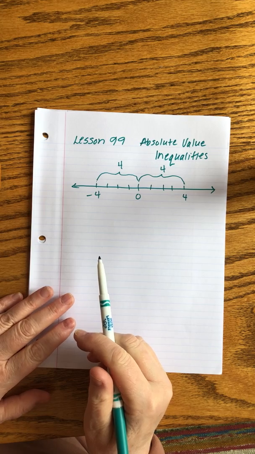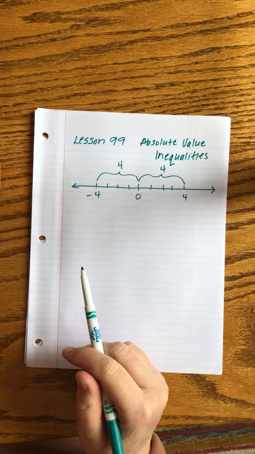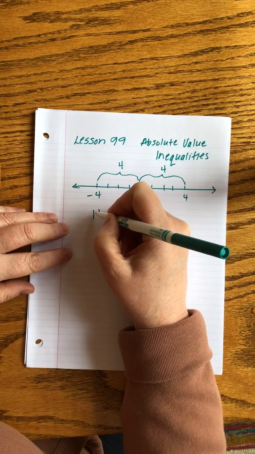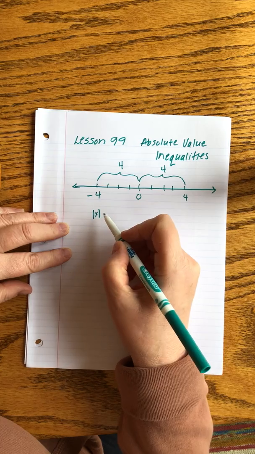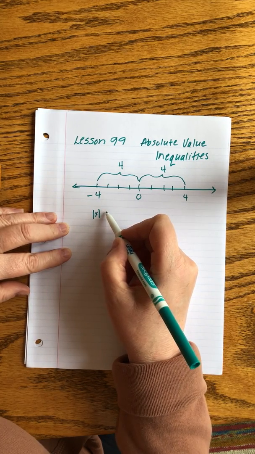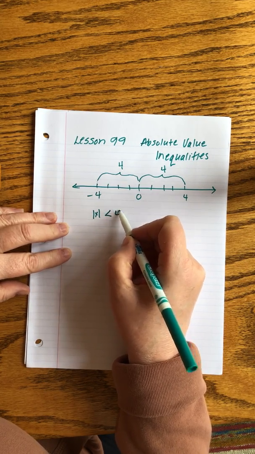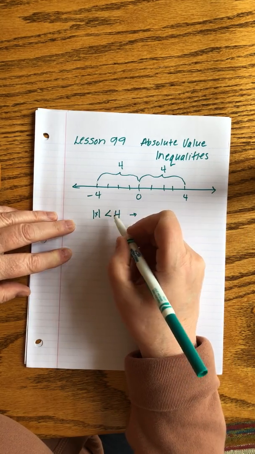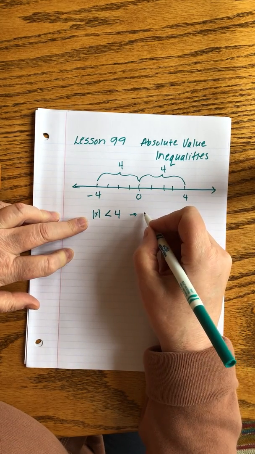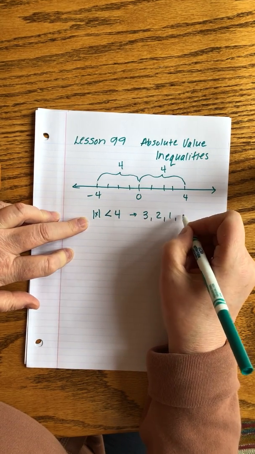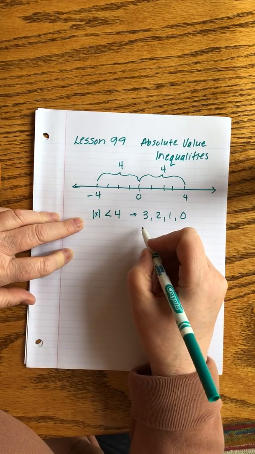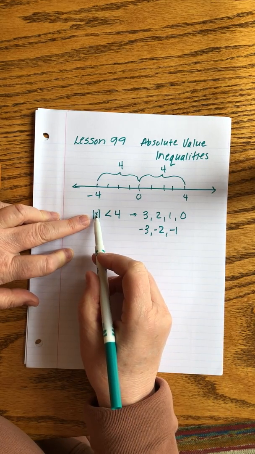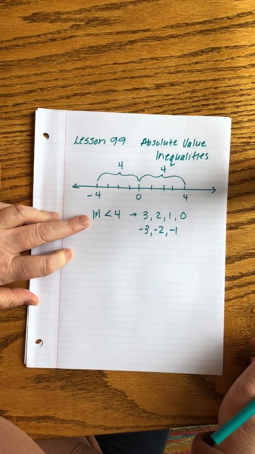So if we're trying to find, for example, the absolute value of x is less than 4, then what we want is all the positive numbers that are less than 4, so that would be 3, 2, 1, 0, but we can also have negative 3, negative 2, and negative 1, because the absolute value of those numbers will come out to be less than 4, right?